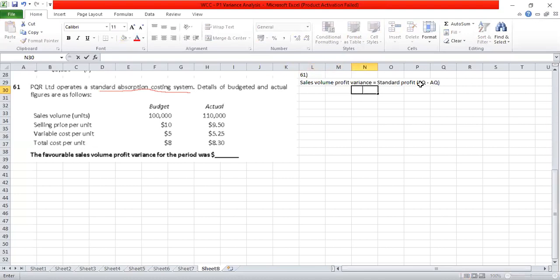The profit part of it will be the standard selling price, which is 10, minus the total cost, which is 8. This is applicable for the standard quantity, which is standard volume 100,000 minus 110,000.